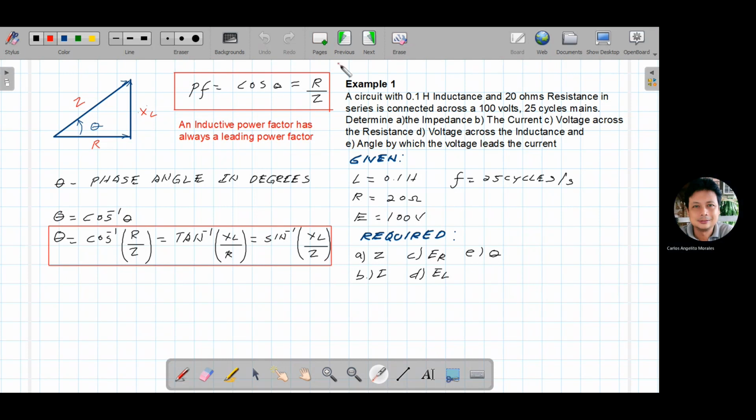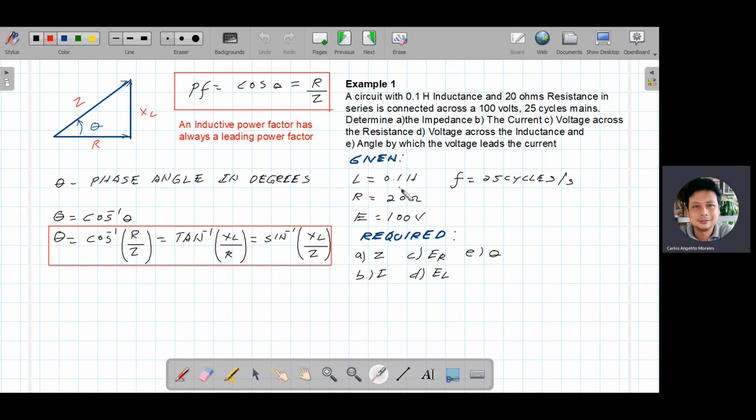So, example: a circuit with 0.1 Henry inductance and 20 ohms resistance in series is connected across a 100 volts, 25 cycle mains. Determine A, the impedance, B, the current, C, the voltage across the resistance, D, the voltage across the inductance, and E, the angle by which the voltage leads the current.